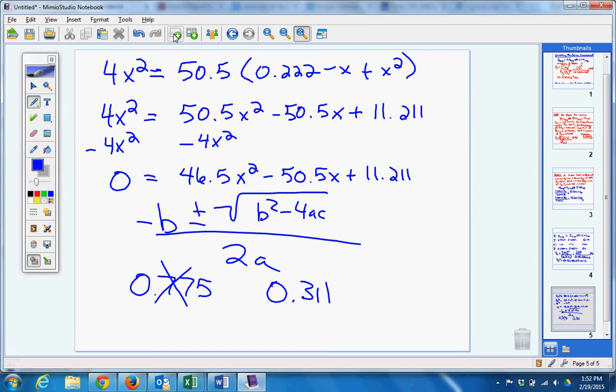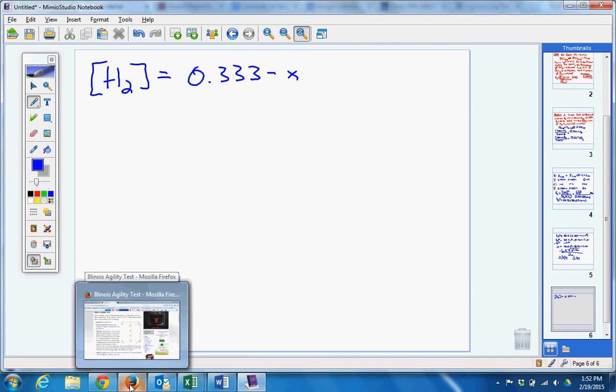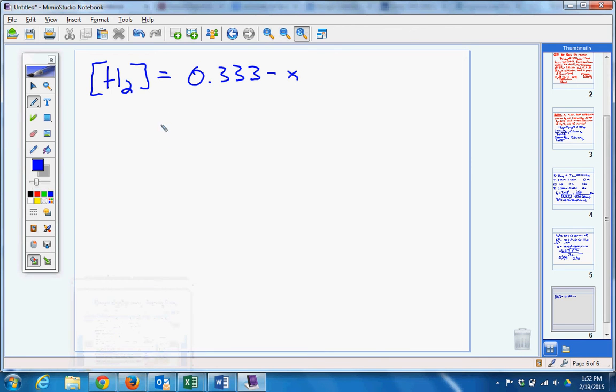All right, so if I plug this in over here, my original concentration of H2 is, what, 0.33 minus x. So at this point, if you didn't know which one it was, you got your two values. Your first value was 0.775 or 0.311.